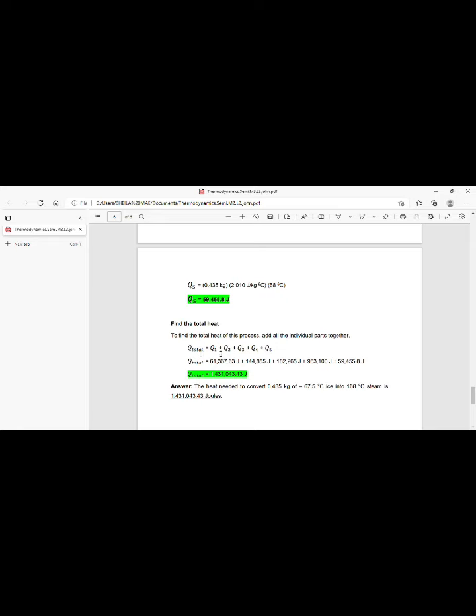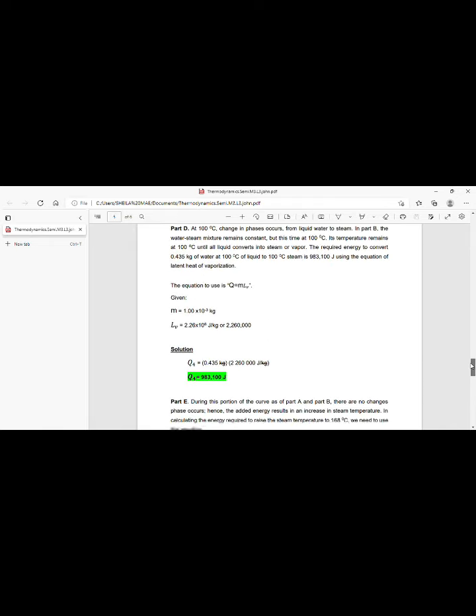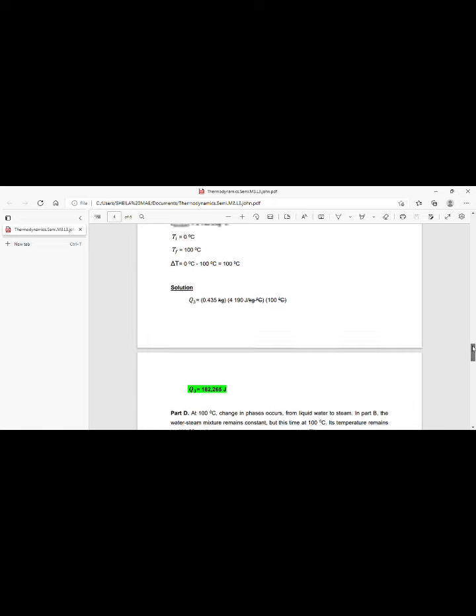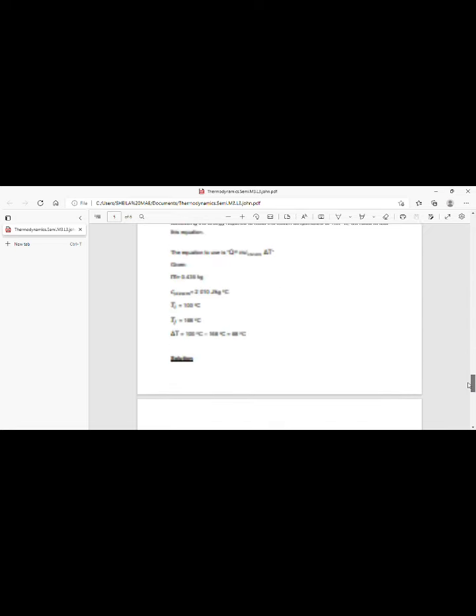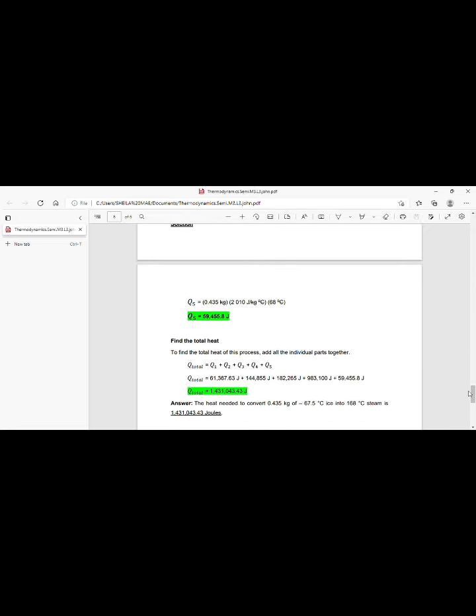The total heat energy is equal to heat energy number 1, part A, plus heat energy number 2, which is part B, plus heat energy number 3, which is part C, heat energy number 4, which is part D, and heat energy number 5, which is part E. Q5, Q4, Q3, Q2, and Q1. We will add it all so that we can find the total heat.